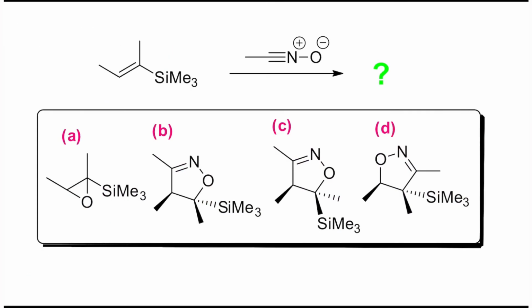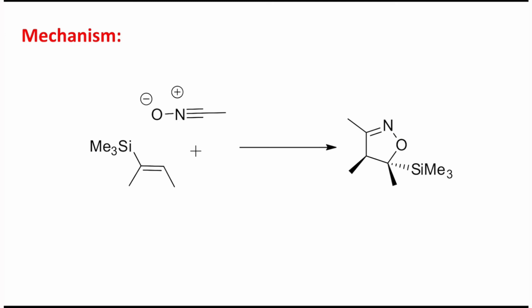Now let's come back to the MCQ. So the reaction of this alkene silane, trimethyl silane, with this, which is actually acetonitrile oxide. What is the product? So let's learn the mechanism. What happens actually, you may consider this is a 3+2 type of cycloaddition.